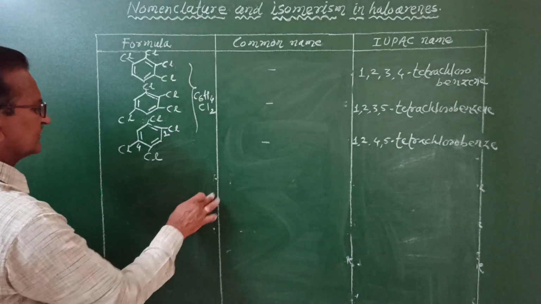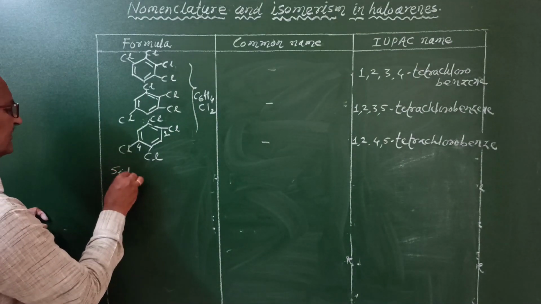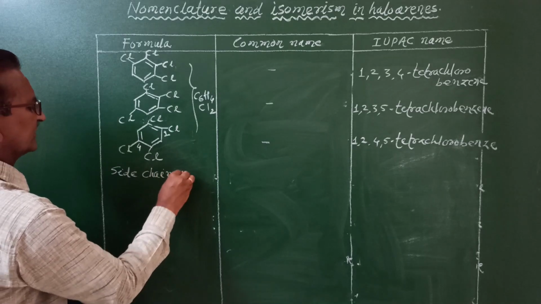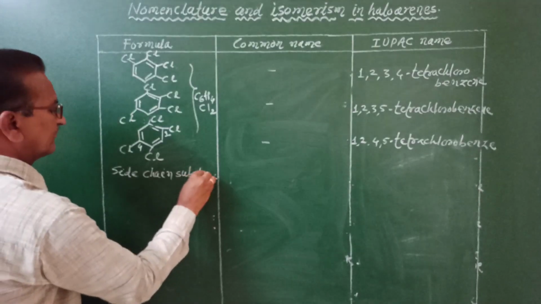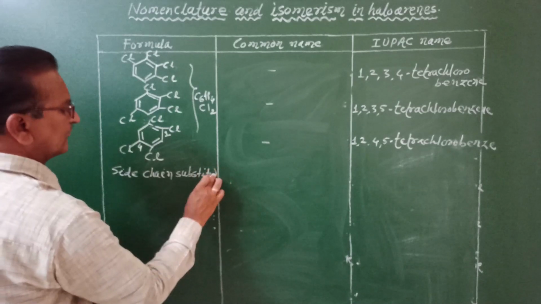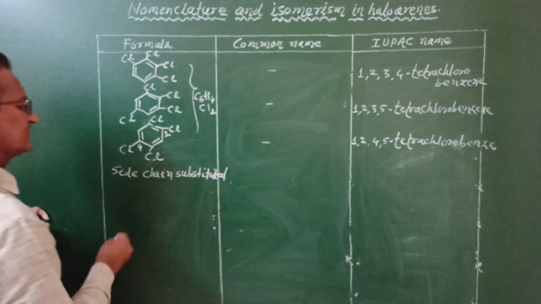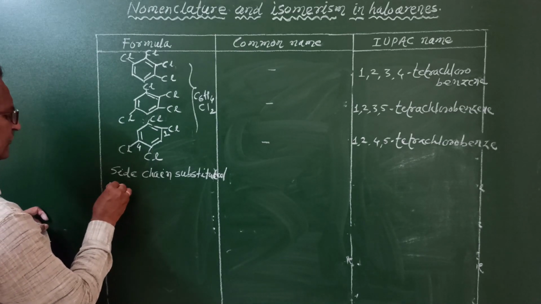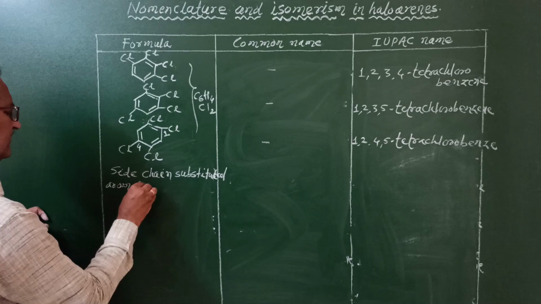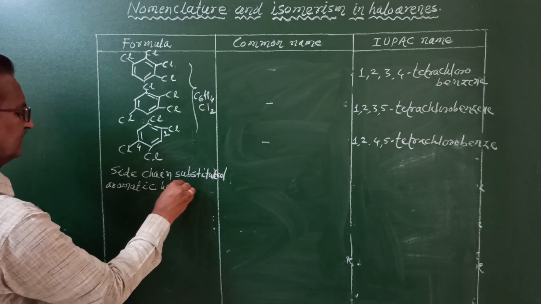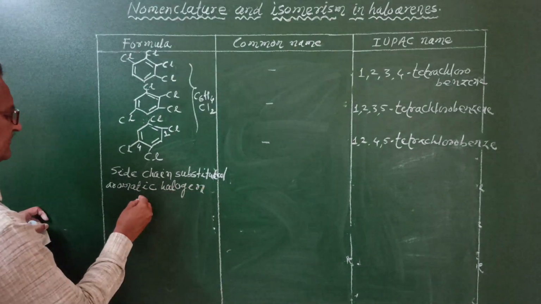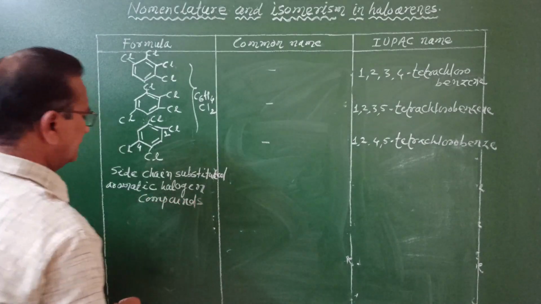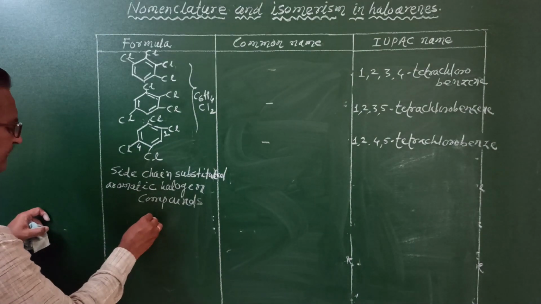We will take some examples of side chain substituted aromatic halogen compounds. Now let us see the first one.